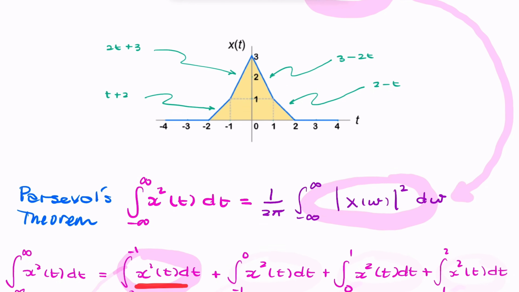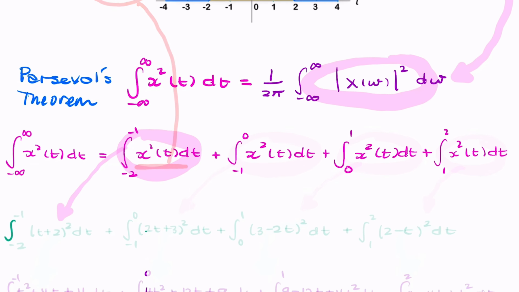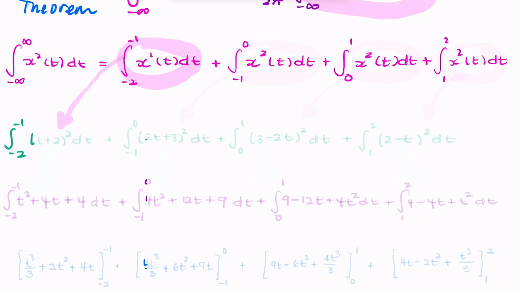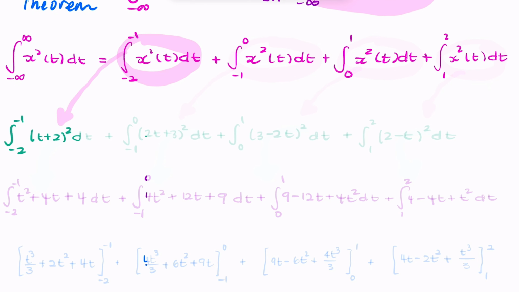So the first integral I can write as the integral from -2 to -1, and the signal was t plus 2, so t plus 2 squared dt, plus the integral from -1 to 0 of 2t plus 3 squared dt, plus the integral from 0 to 1 of 3 minus 2t squared dt, plus the integral from 1 to 2 of 2 minus t squared dt.